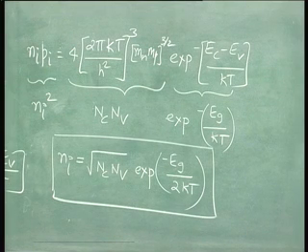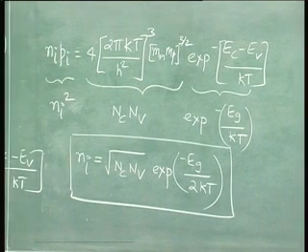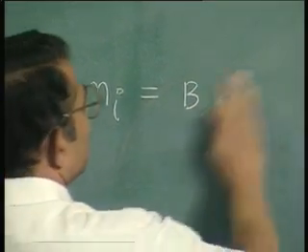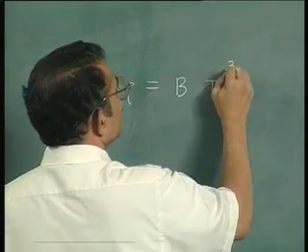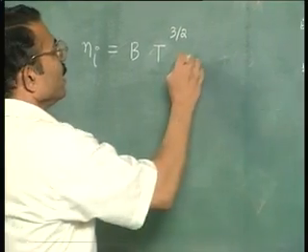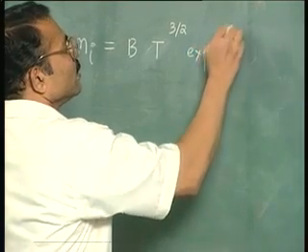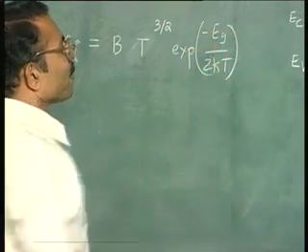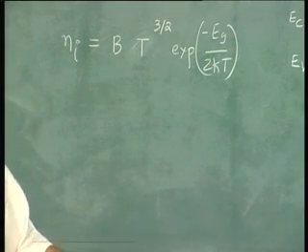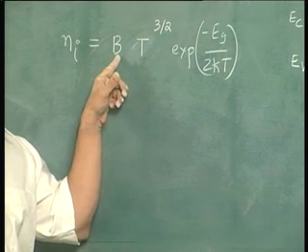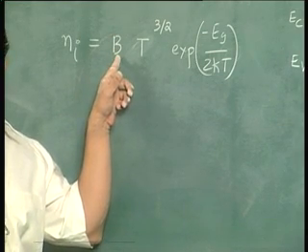You will get an expression of the form Ni is given by some constant B into T power 3 by 2 into exponential of minus Eg by 2kT, where the constant B accommodates the effective mass of holes, electrons and so on.